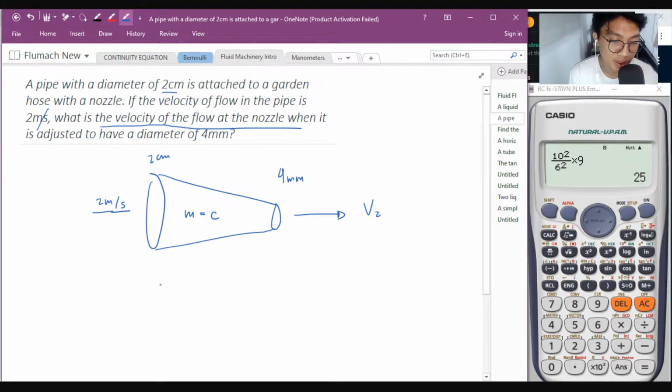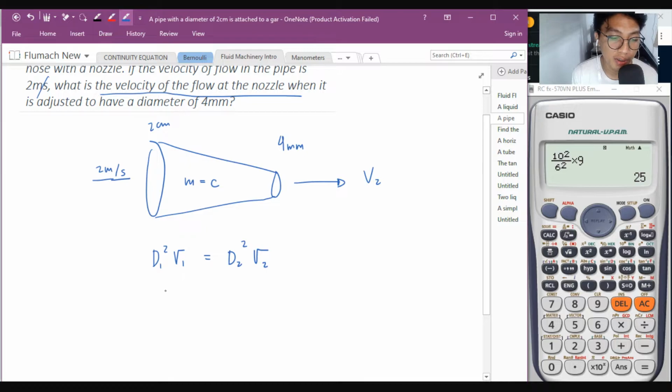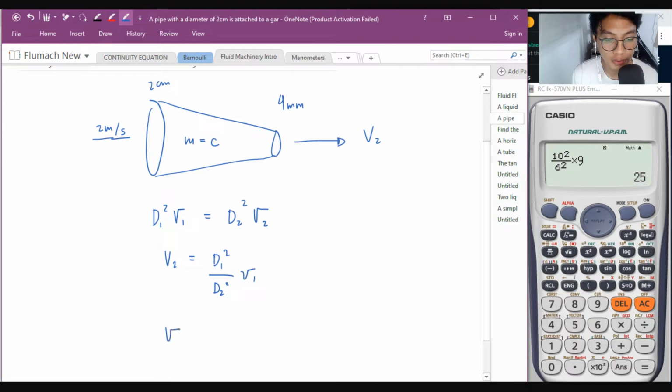Now, lista ulit natin. So, D1 squared V1 equals D2 squared V2. Sanayin yung sarili niyo dito. Now, hinahanap natin si V2. So, V2 is equal to D1 squared over D2 squared times velocity 1. So, V2 is equal to D1, which is 2 cm.